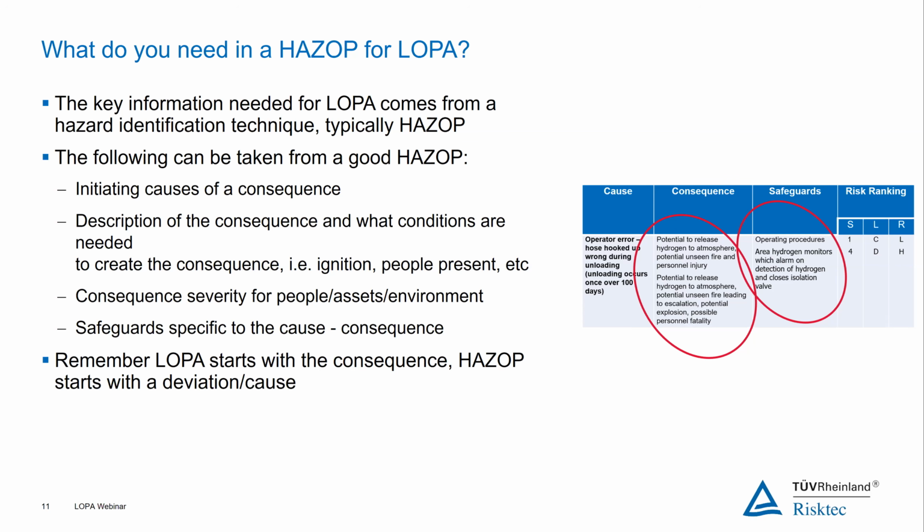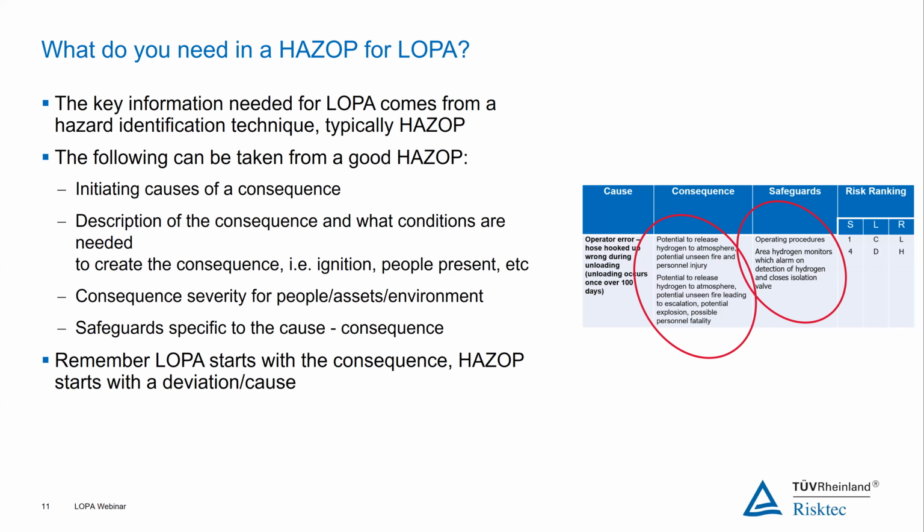And again, you can go off your risk matrix as well to help you with the risk ranking to allow you to specifically define it. So if you've got a specific risk ranking for 5+ fatalities, capturing that within the consequence is not only going to help you in the HAZOP, it'll help you going forward in the LOPA as well.